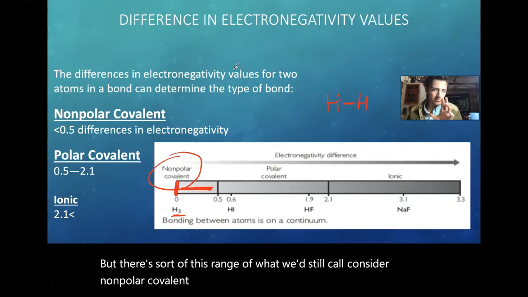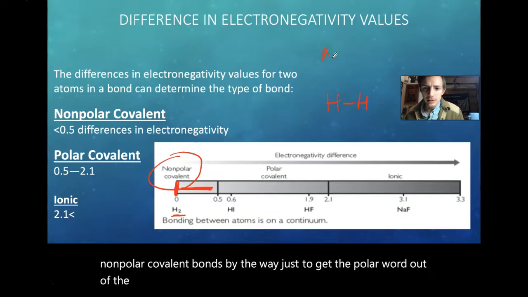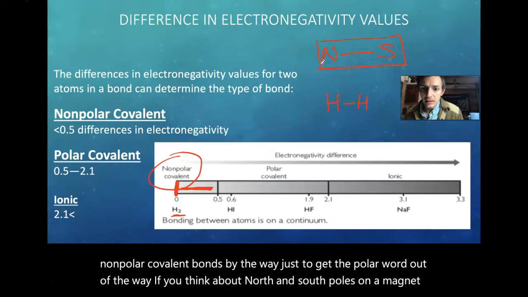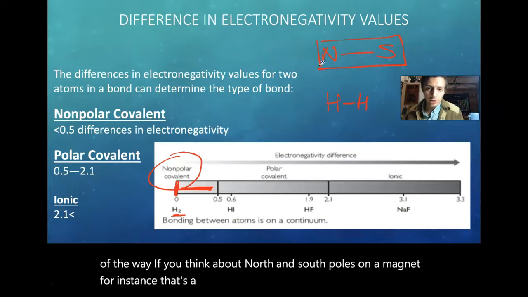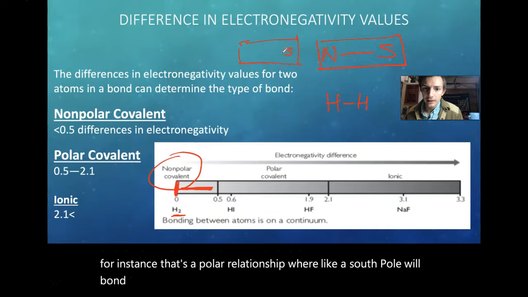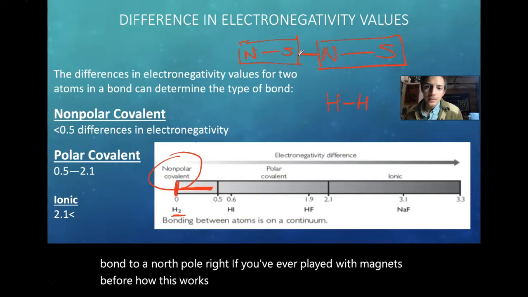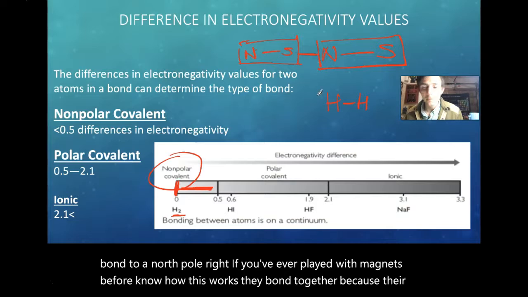By the way, just to get the polar word out of the way, if you think about north and south poles on a magnet, for instance, that's a polar relationship where a south pole will bond to a north pole, right? If you've ever played with magnets before, you know how this works. They bond together because they're opposite poles.